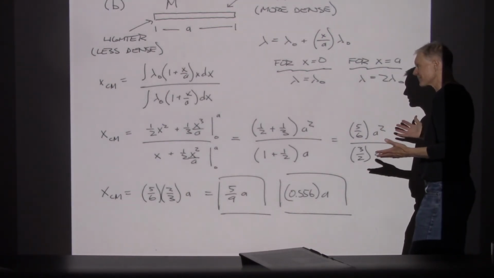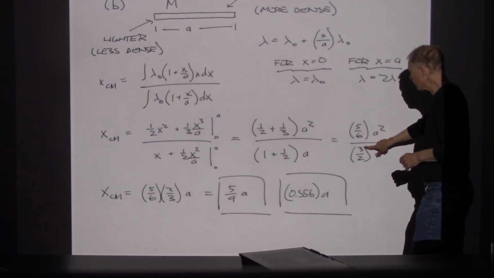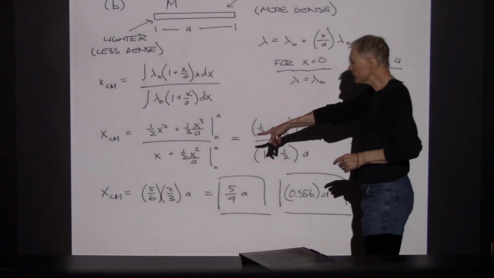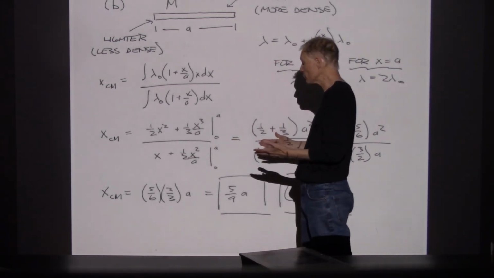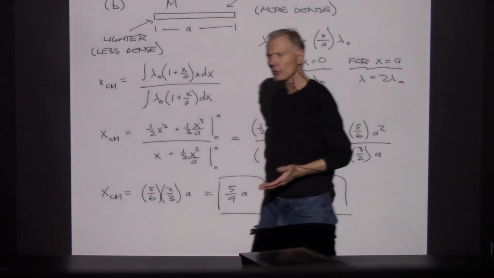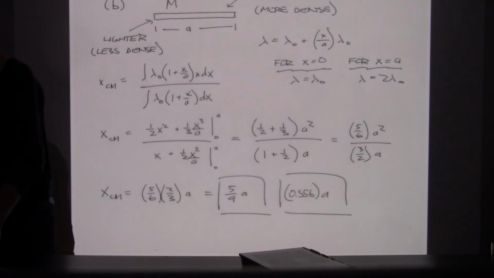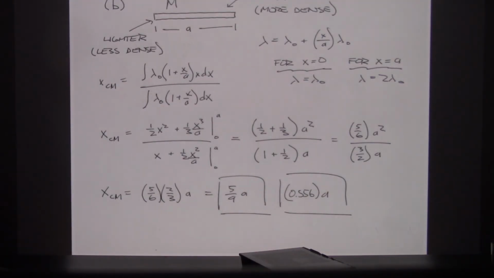The units make sense. They've got to have one factor of a. And then it's 5/6 divided by 3/2. 5/6 divided by 3/2 becomes 5/6 times 2/3. That becomes 5/9.